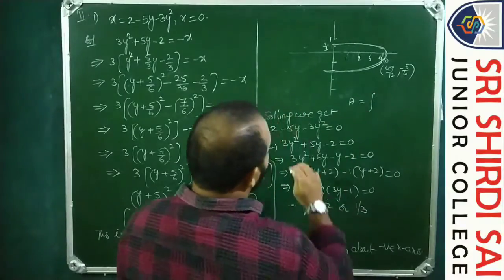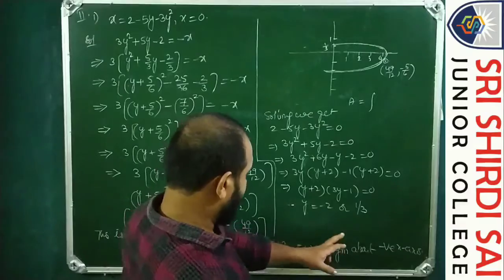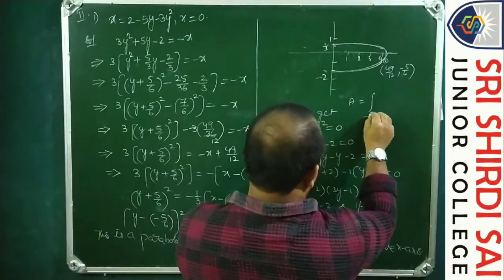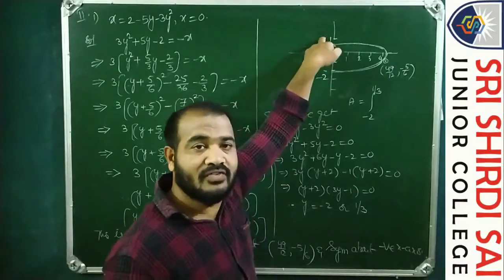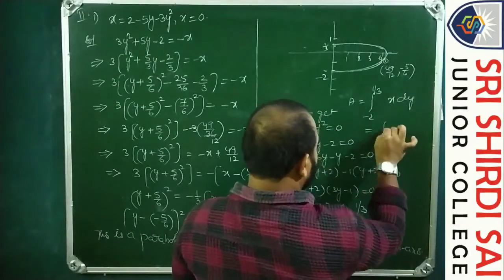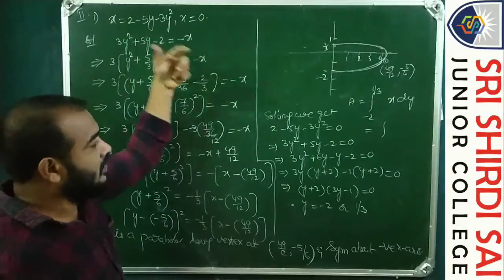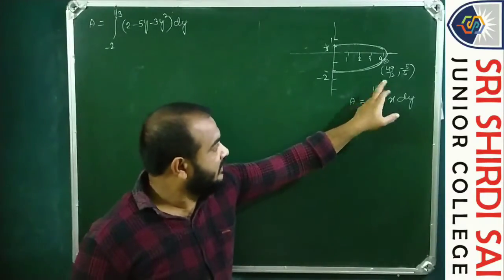Area is equal to the integral from -2 to 1/3, which are the limits of y, of x dy.